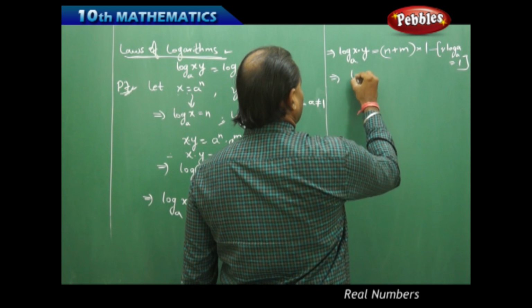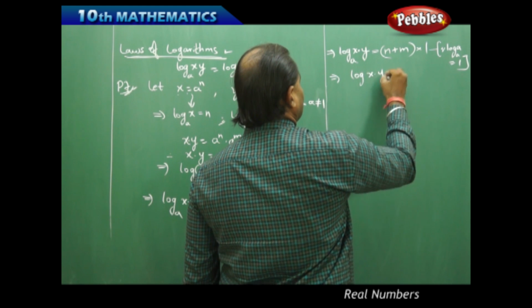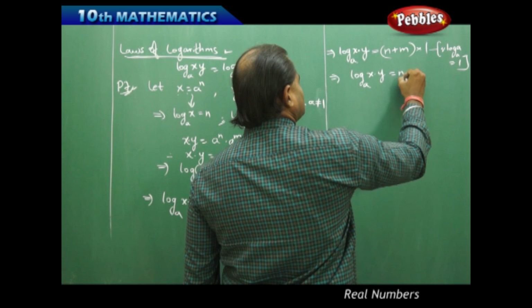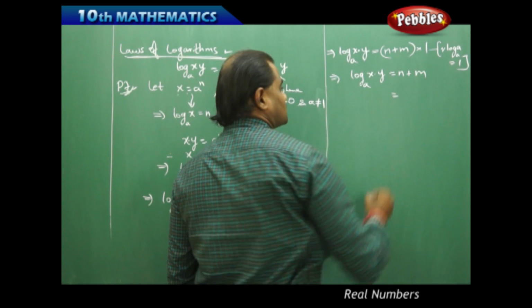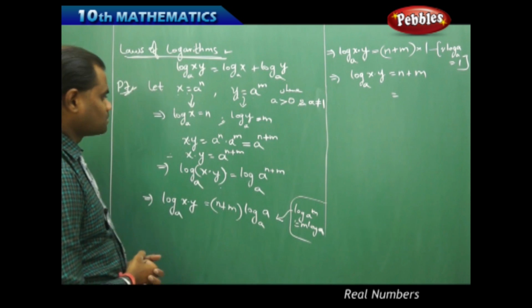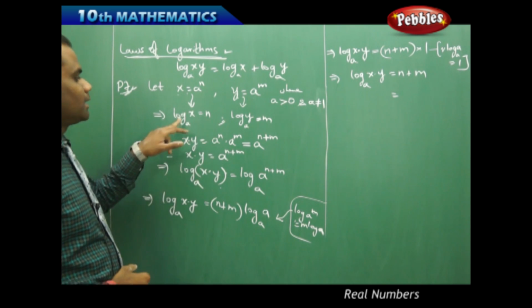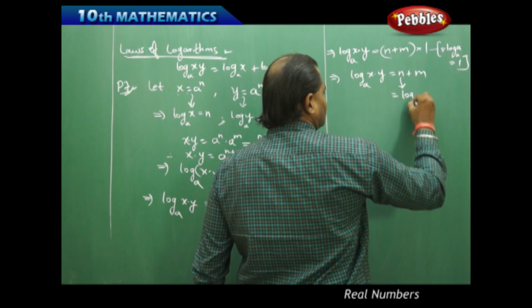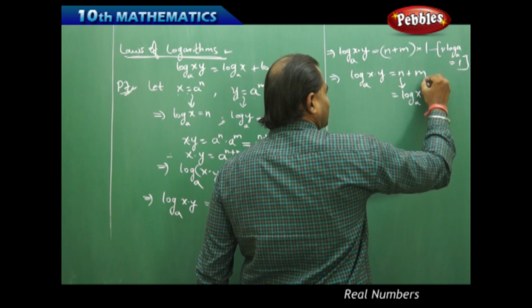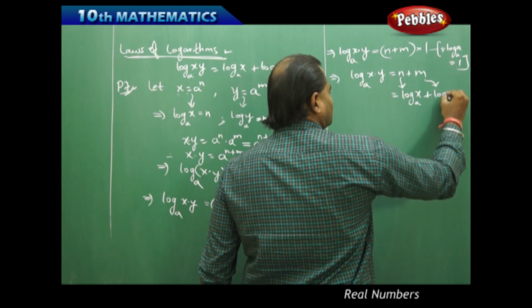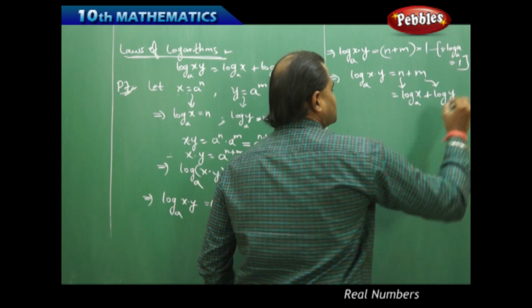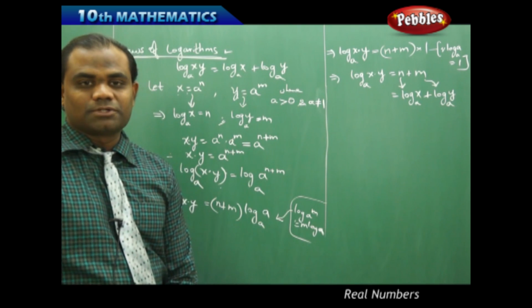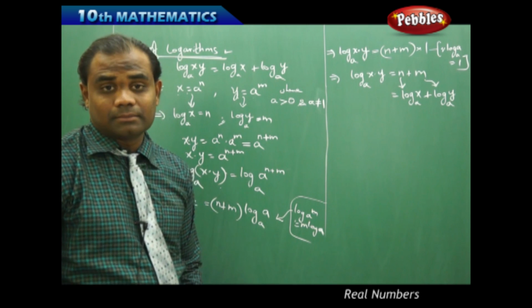So finally it reduces to log xy to the base a is n plus m. When n and m are individually substituted, I find that n is log x to base a. So in place of n, I have log x to base a, and in place of m, I have log y to base a.